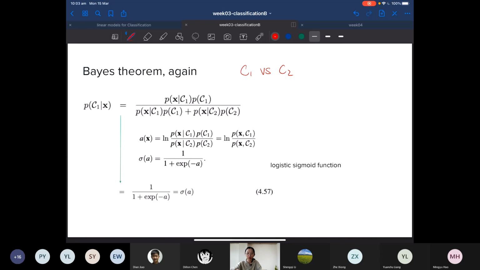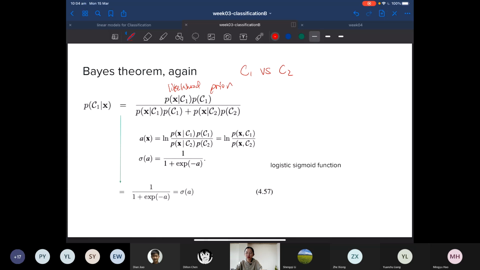The posterior of class 1, due to Bayes' rule and the sum rule, is simply the data likelihood given class 1 times the prior of class 1, so likelihood times prior, normalized by the same term plus the counterpart for class 2.